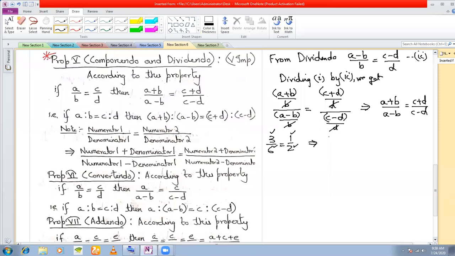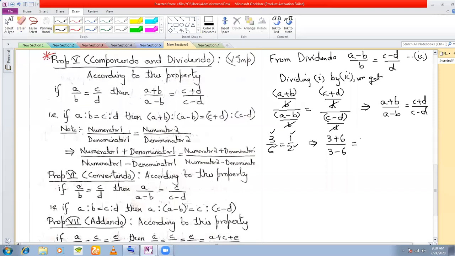According to this property, first numerator plus the first denominator divided by the first numerator minus the first denominator must be equal to second numerator plus second denominator divided by second numerator minus second denominator. Oh sorry, this is 1 by 2.